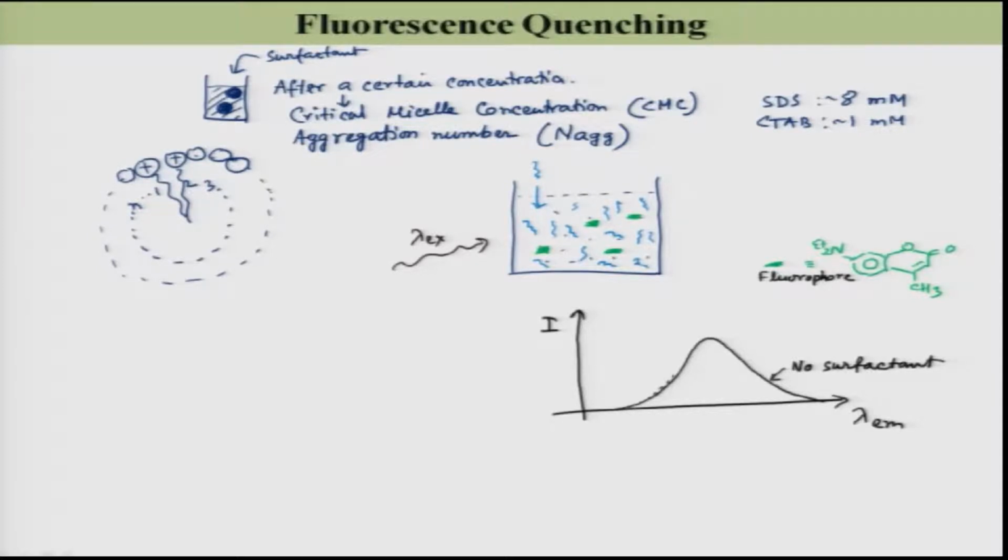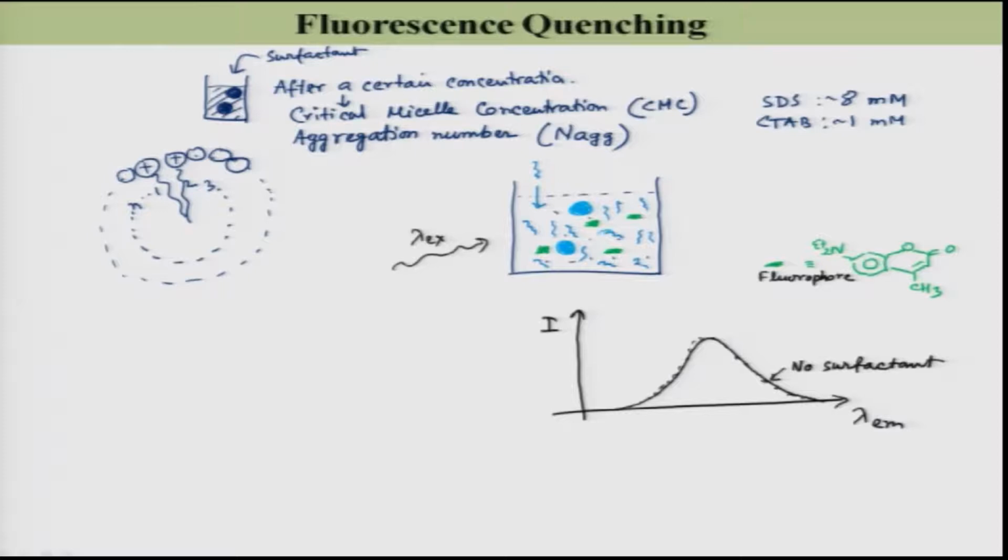Initially, there is no change, it will remain like this, remain like this. But once there is a formation of those micelles, when will that be? Once the concentration of the surfactant reaches the CMC value.